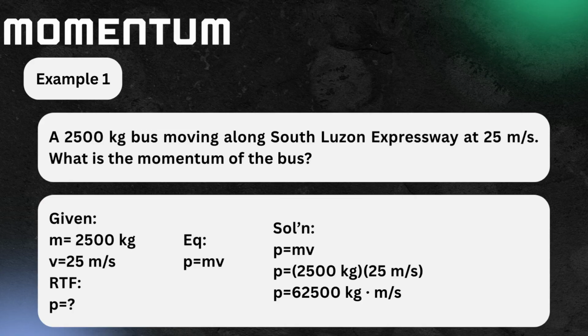This example highlights how momentum is calculated and sets the stage for our next problem, where we'll explore how the momentum of this bus can be compared with a car.